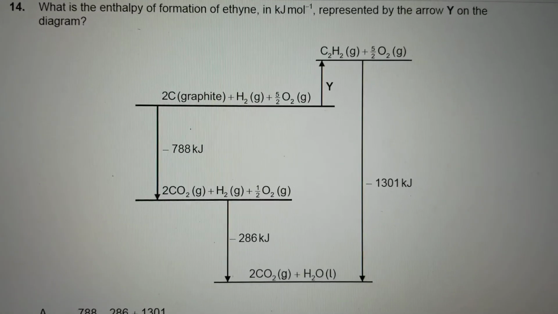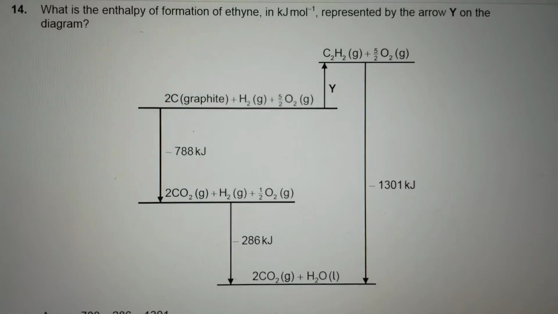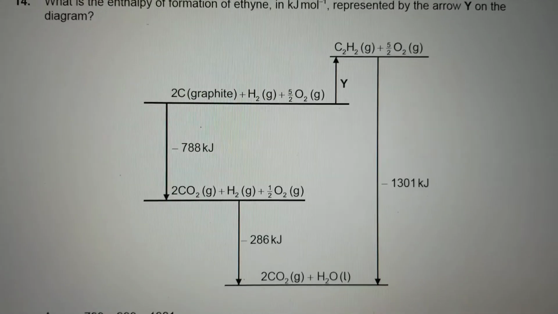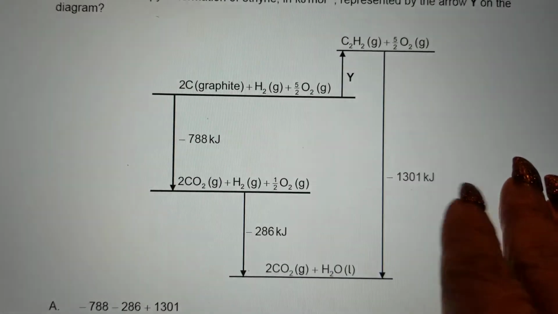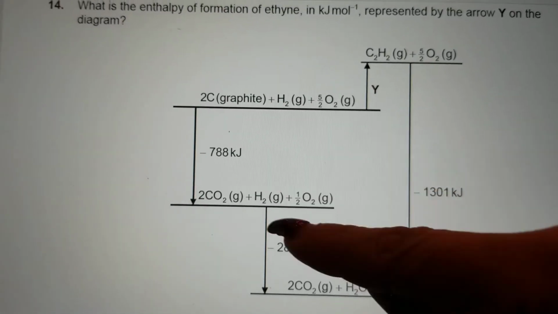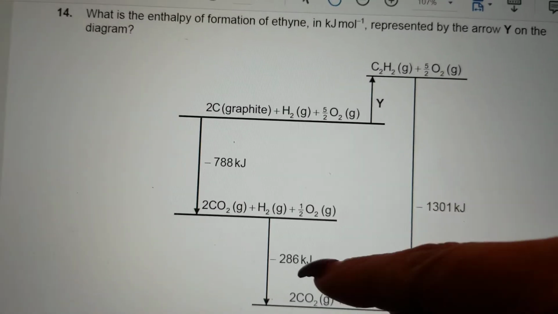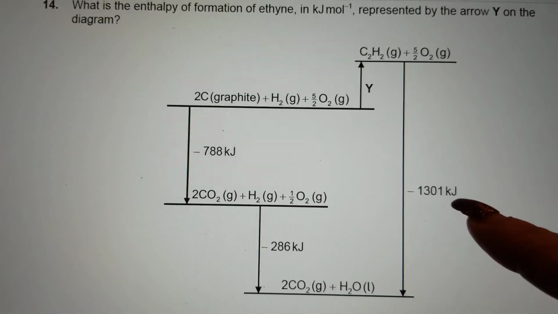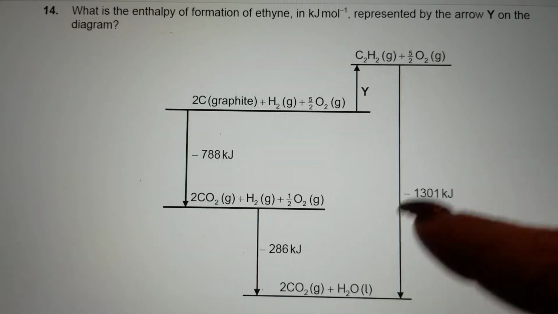On number 14, it shows an enthalpy diagram. This is kind of like a Born-Haber cycle that is mostly covered in HL. Basically, you're looking at the arrows and which side of the diagram they're on. If you're looking for Y, you would take these two values on the left side and add them, negative 77 and negative 286, and then subtract what you see on the other side, negative 1,301.